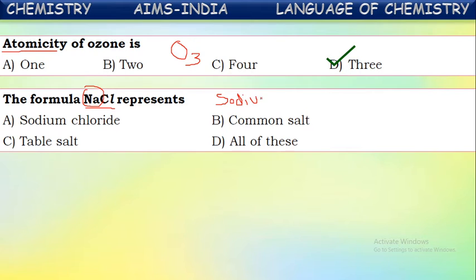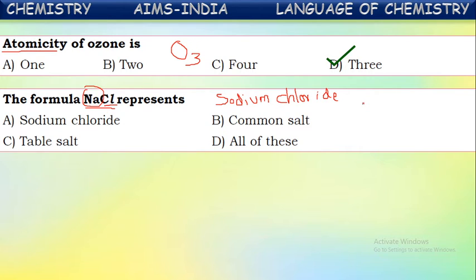So sodium is to be written first. Next, anion name. This Cl represents chlorine. So the root word from chlorine is taken into the name, chlor. Now, at the end of this second part, -ide is attached. Now, totally it becomes sodium chloride.